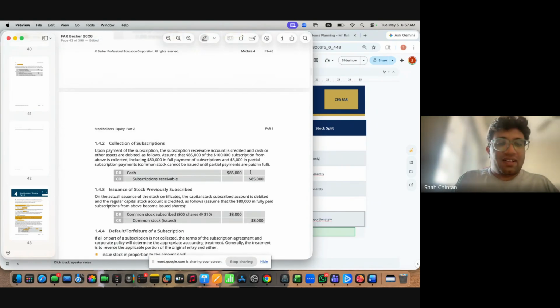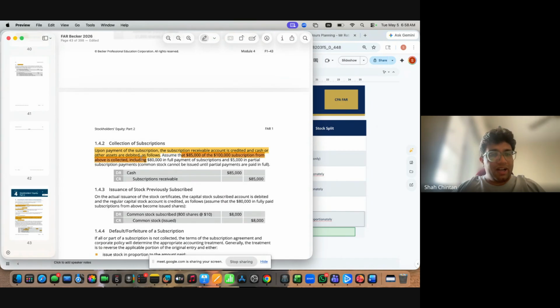Okay, the next is a cancellation. Upon the payment of the subscription, so this is the entry which we saw just now. Upon the payment, the subscription receivable account is credited and cash account is debited. Assume that $85,000 out of $1 lakh are collected. So you have already collected now 85,000.